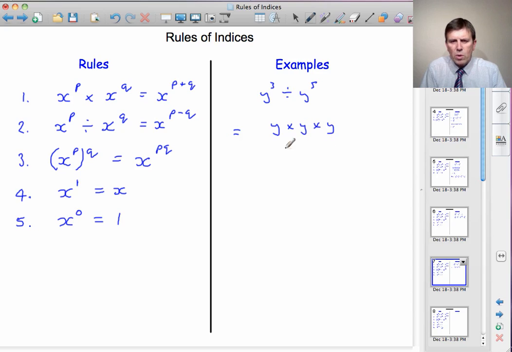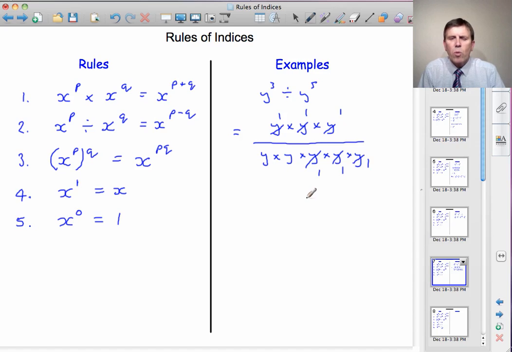Y times y times y on the top, and on the bottom 5 lots of y all multiplied together. And now we start cancelling. I can cancel y, and again, and again.